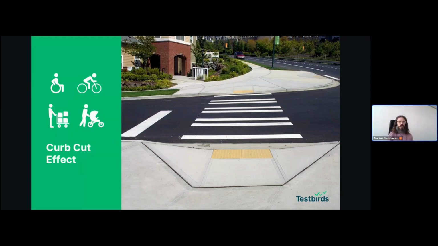What's important when we talk about disability, and this is a theme I'm going to repeat again and again in the next half hour, is that a lot of things we do when it comes to accessibility are intended for a certain target group of people having certain needs, but in reality they are also beneficial for a lot of other people. We just saw the number of 2.5 billion people using assistive technologies.